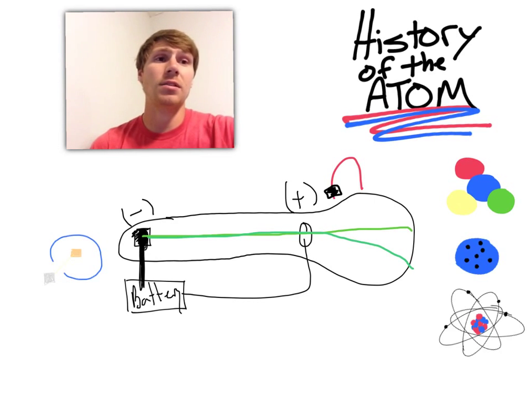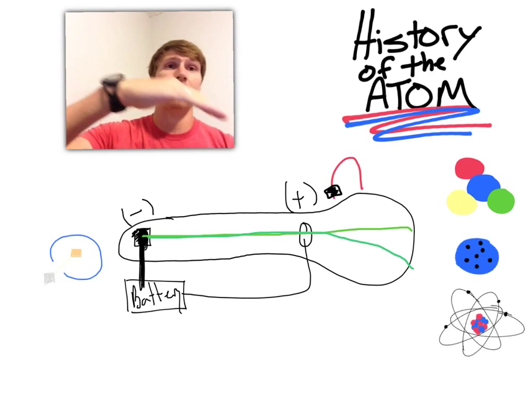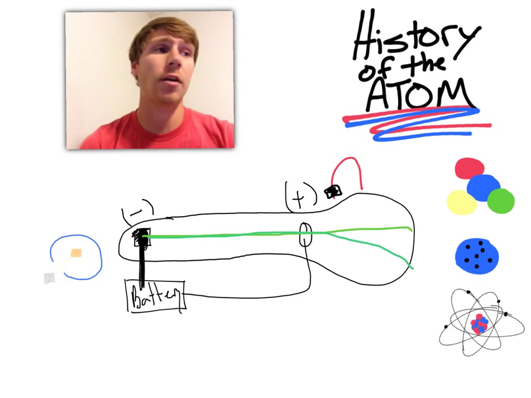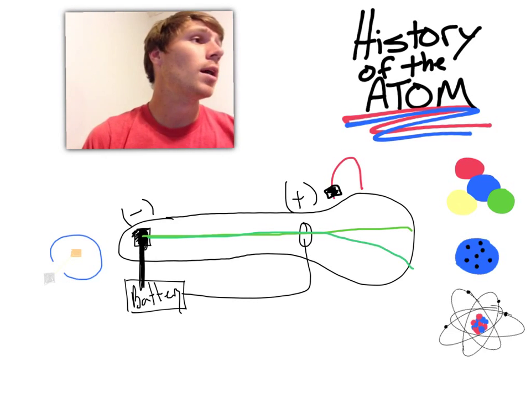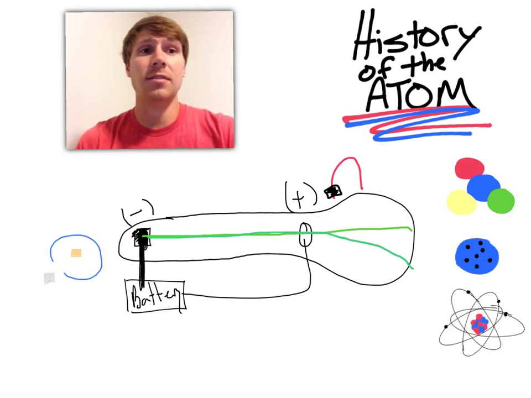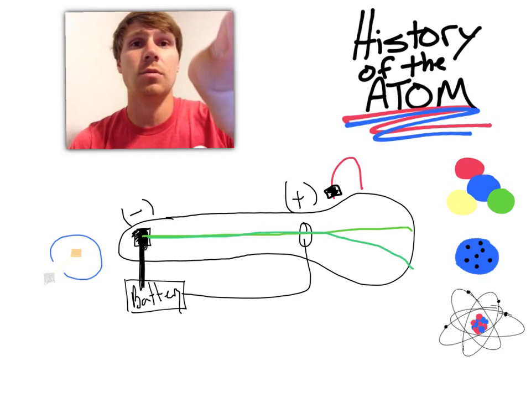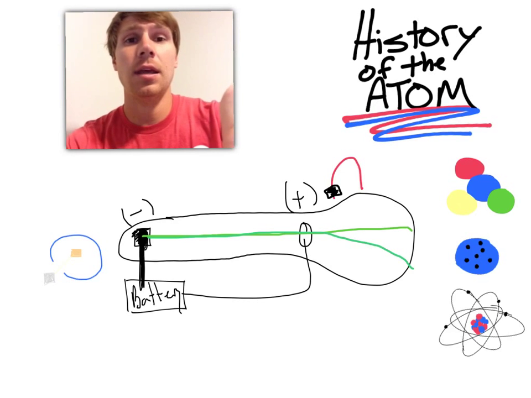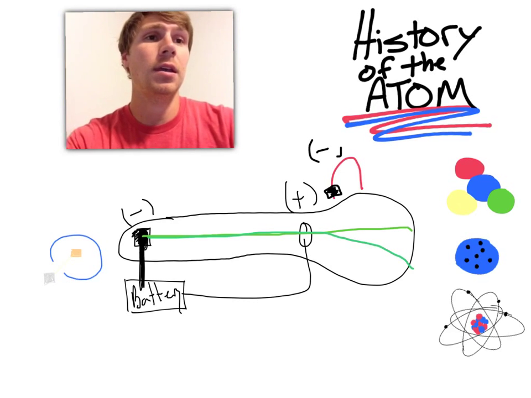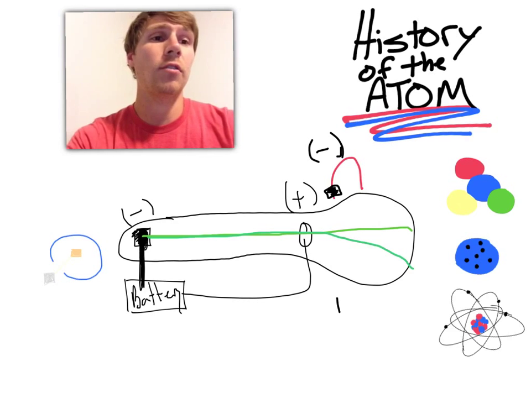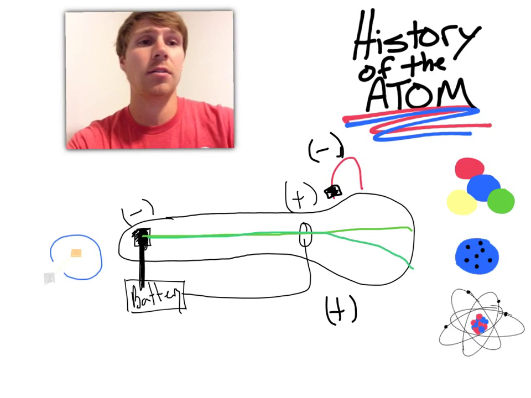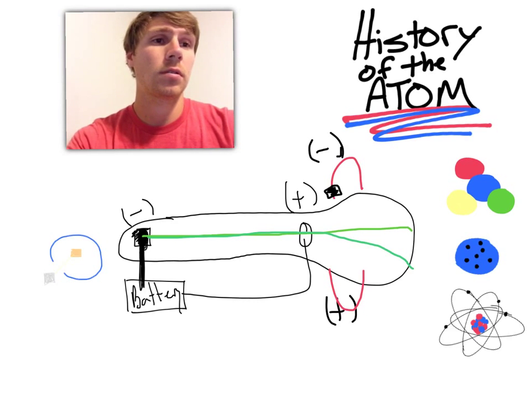We can see that now it's getting pushed downward, along this slope, away from that magnet. In the same way, if we put a positively charged substance down here, we'll say it's the red side, the beam gets pulled towards that.